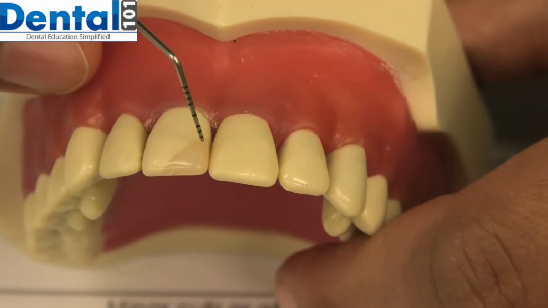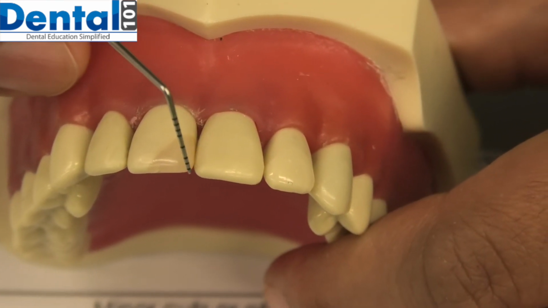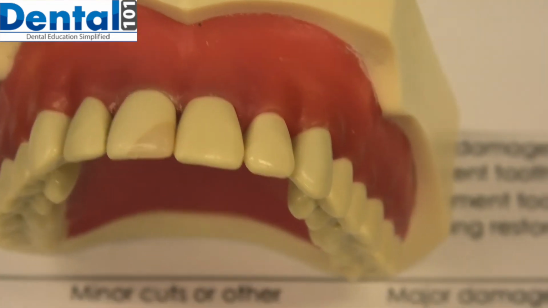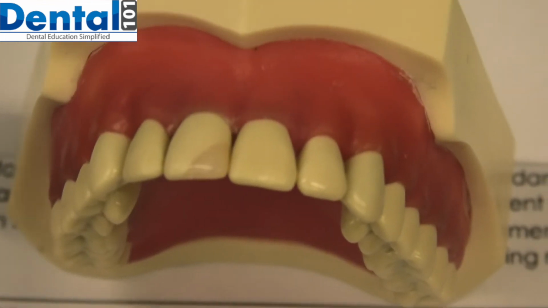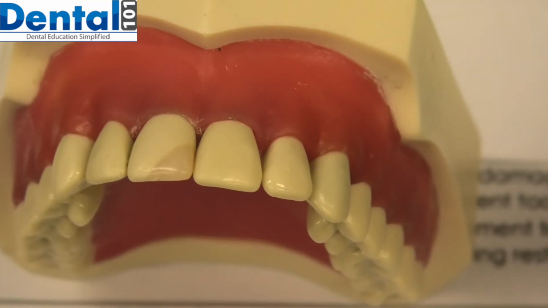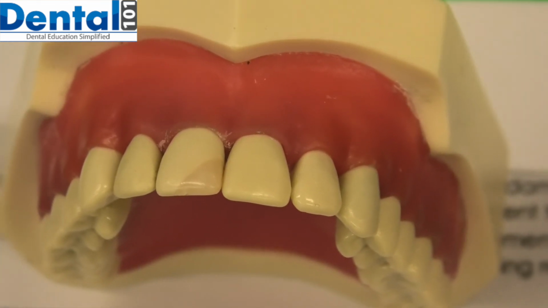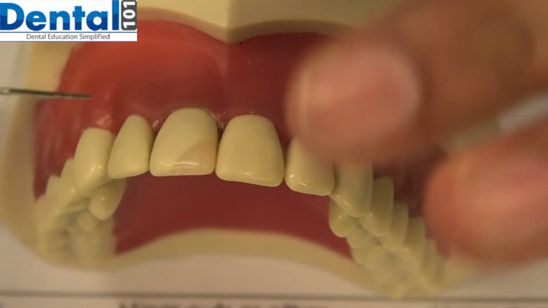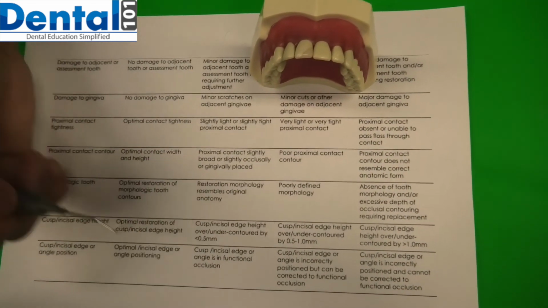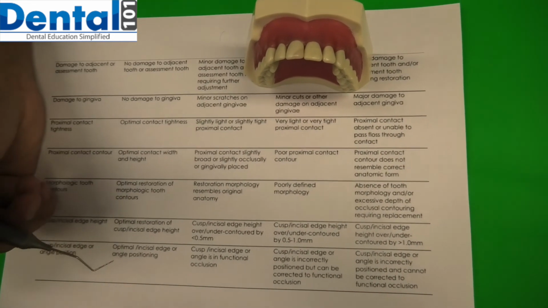According to this restoration, it's almost the same. It's functional occlusal and optimal incisal edge positioning, not going more towards mesial or distal. So it's optimal, and for this we will go for very good.